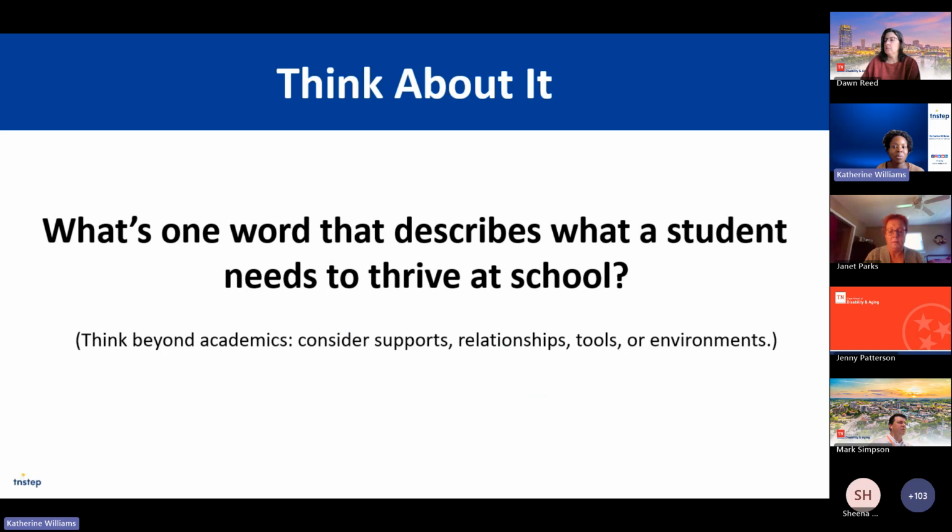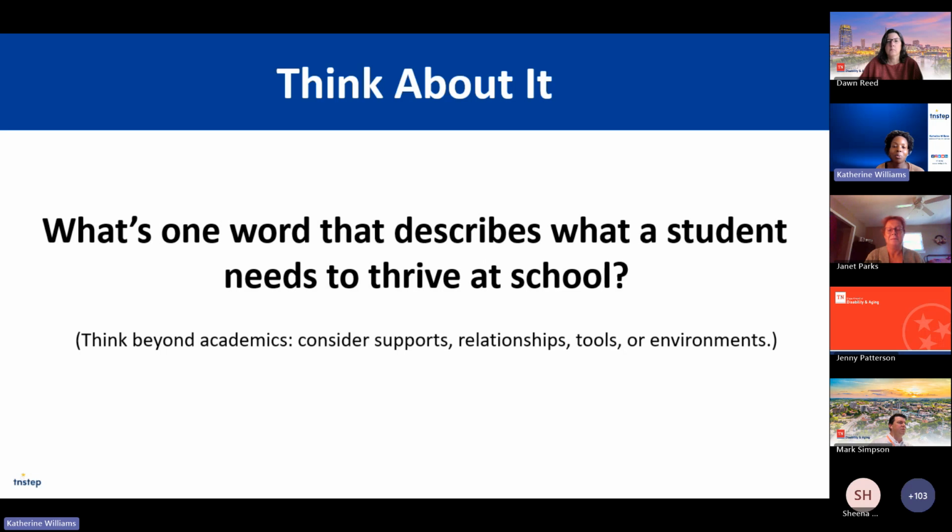All right, so we are going to pause for a little bit to reflect on a question because this is a lot of information. We've talked about the IEP, and after this, we're going to talk about the 504 plan in more detail. So I would like to know, what is one word that describes what a student needs to thrive at school?